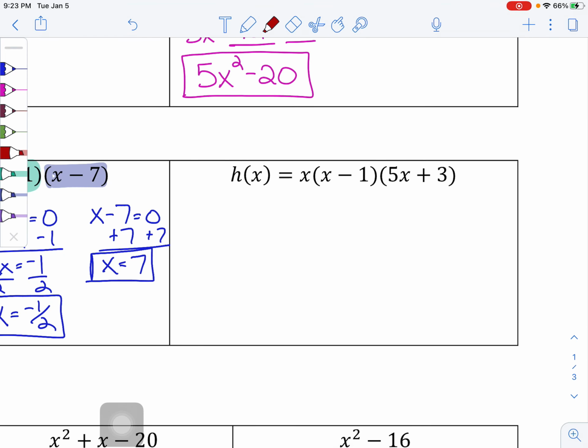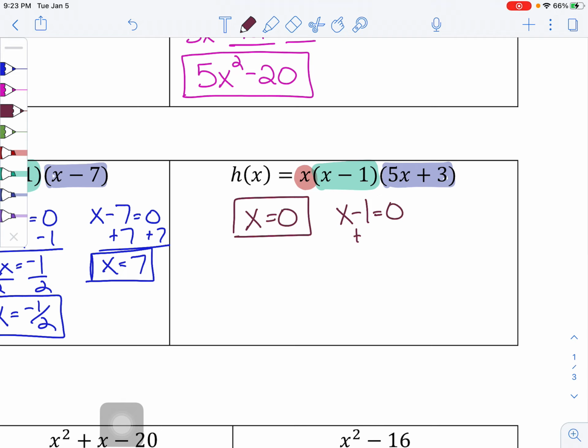All right, last one in this set is h of x. And again, we've got 3 factors here. So x, we've got x minus 1, and we have 5x plus 3. So I'm going to set each factor equal to 0. So x equals 0. Well, that one's done. x minus 1 equals 0.